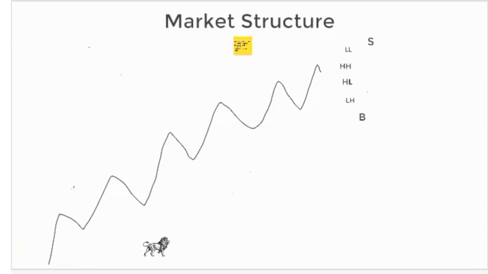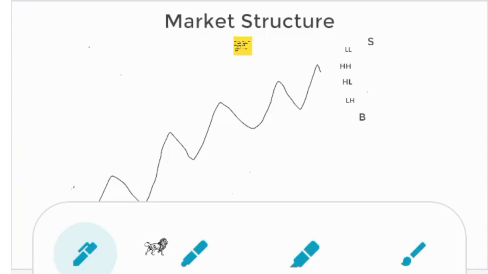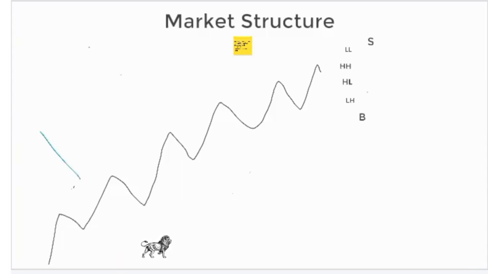This down movement you see is what we call retracement. In this uptrend, the part of the market that moves downward like this, we call retracement. So the market is retracing.